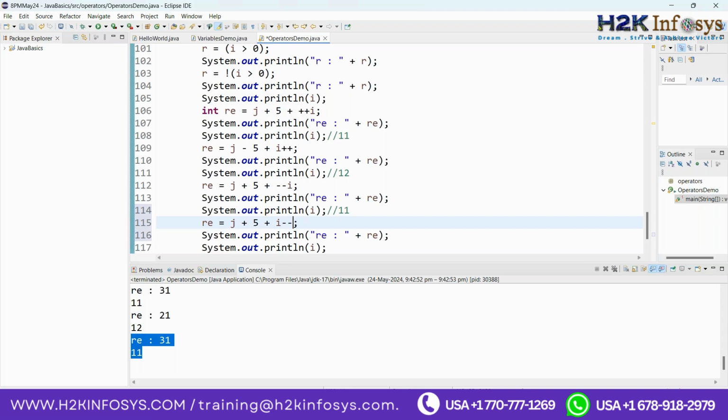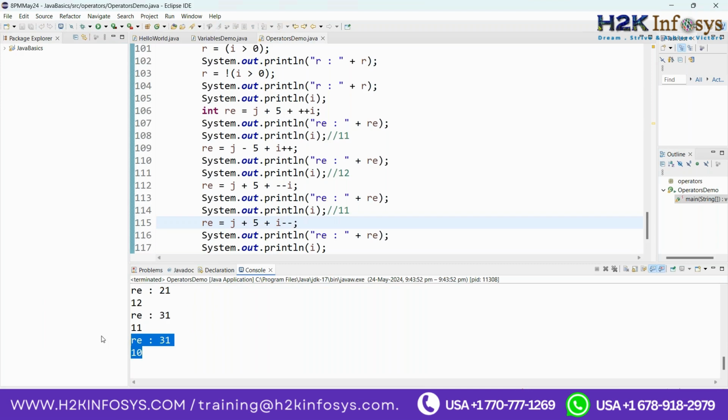J is 15. Don't confuse. I value is 11. 15 plus 5, 20. 20 plus I value 11, 31. I value will become 10 after that. Same value 31, but I value will become 10 after that.